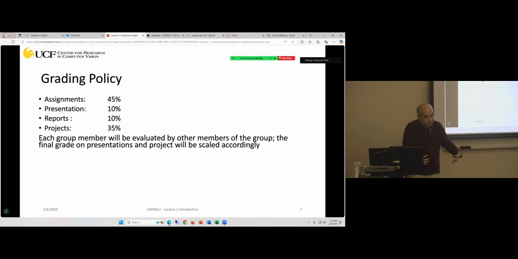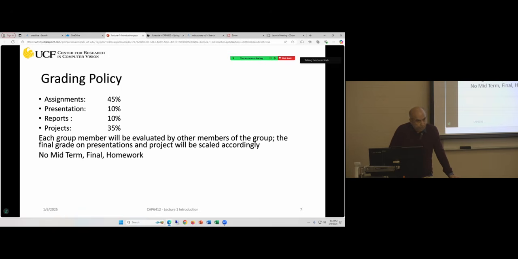So we will average those, and we will scale the grade. You will get a grade for the whole group, but your points will be scaled depending on how the other group members feel about how much you contributed. So it kind of balances out.